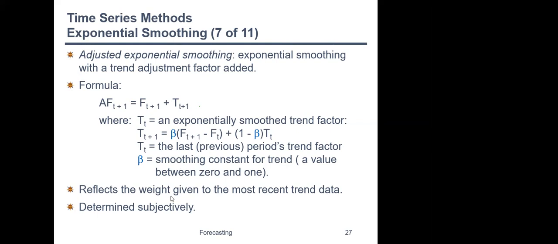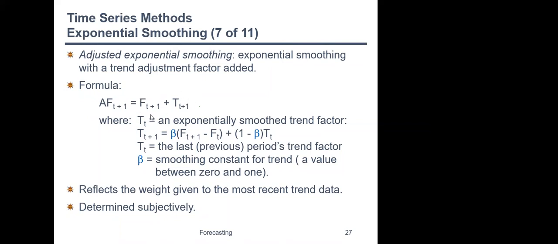Please put down the formula and let's continue. Please put these formulas down. You need this formula, and then you also need this formula. Now, for you to be able to find the adjusted forecast, first of all, you should know the smoothed trend factor for that period.